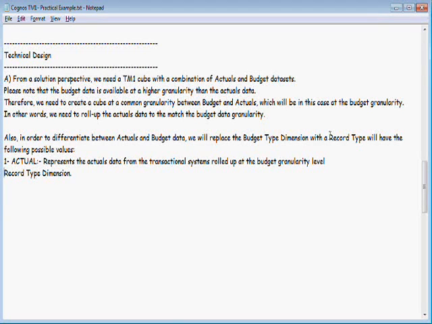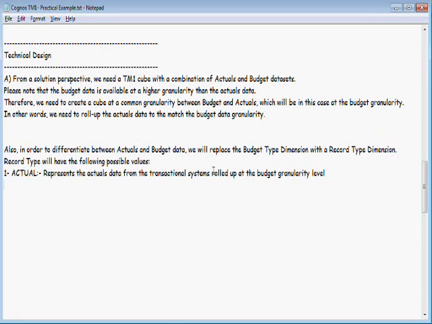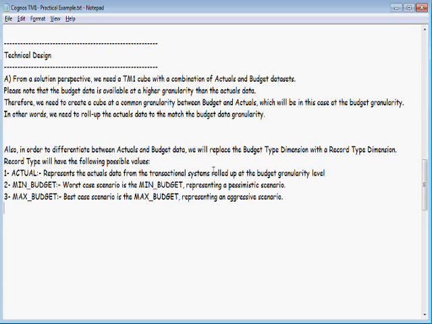Record type would have the following possible values: the minimum budget, which is the budget type minimum, and the maximum budget, which will have maximum budget type. The finalized budget would have final_budget as record type, which would denote the budget between the minimum budget and the maximum budget based on the decisions taken by the managers for that company.